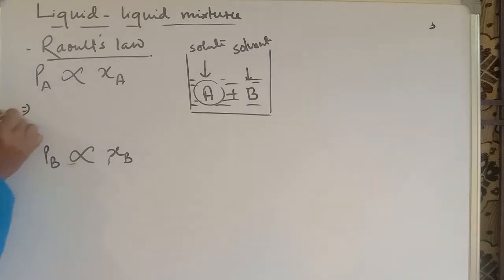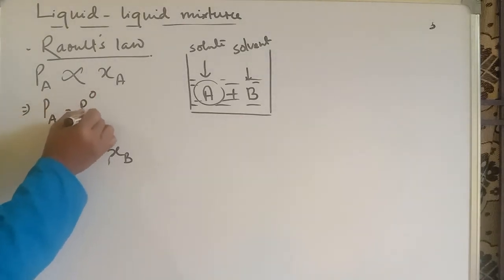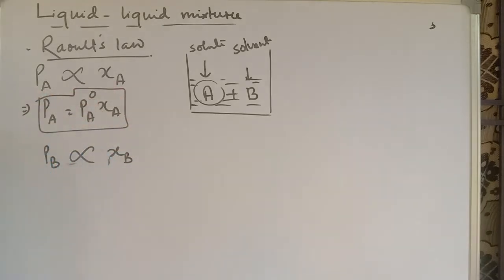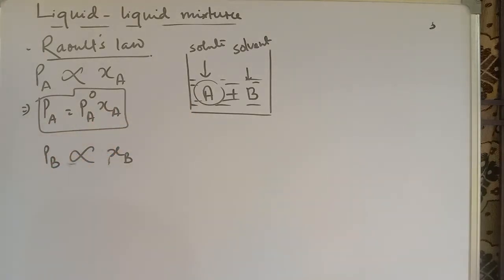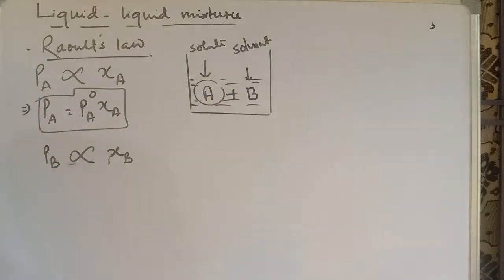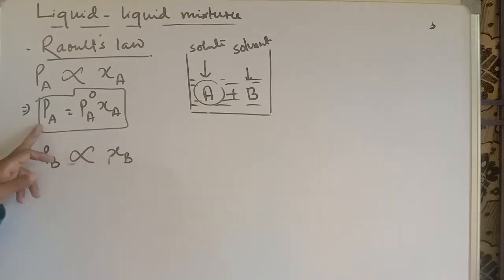This we can write, which implies PA equals P naught A XA. So this P naught A is the vapor pressure of component A in the pure state. Remember, here component A is in a mixture, and in this solution its vapor pressure is PA.